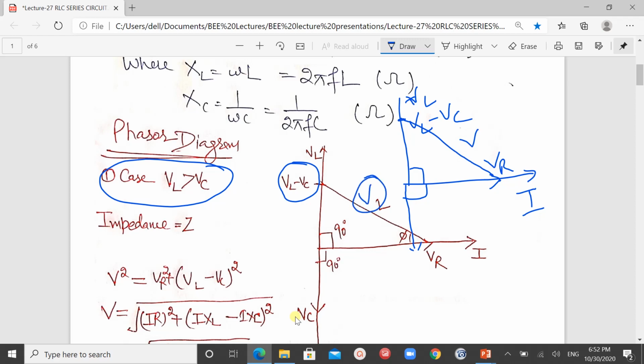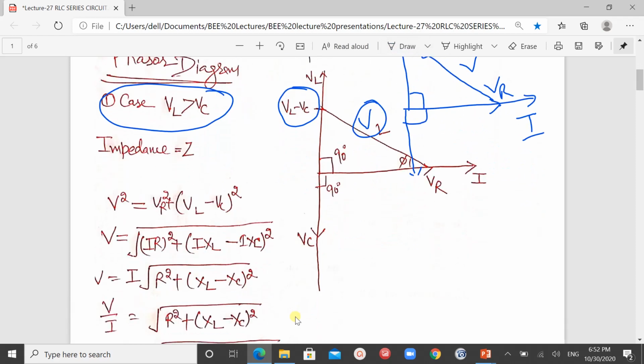This is how we draw the phasor diagram, as I have shown here clearly.